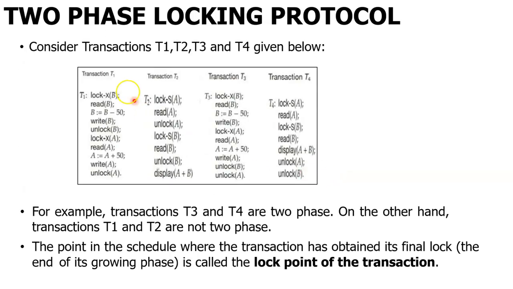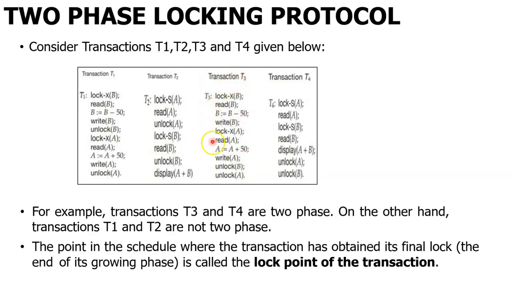For example, here the normal process is lock B, reading, doing some operation, writing, unlocking, then reading, doing the operation, writing, unlocking. Now see this example with respect to two-phase locking: reading, updating, writing, locking, reading, updating, writing. Finally, only then will you do the unlocking of these two accounts.